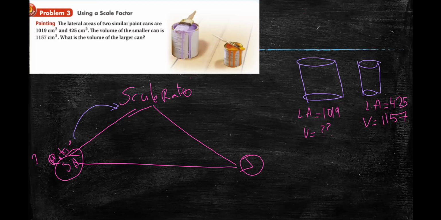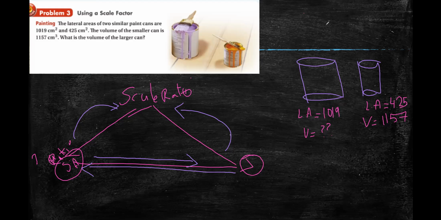Sometimes I give you the ratio of the volumes, or I ask you to find the scale ratio. And sometimes you will use the ratio of the volume to find the ratio of the surface area and then find the unknown surface area. Or you can also use the ratio of the surface area to find the unknown volume.